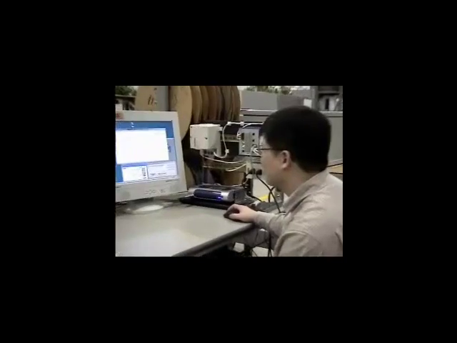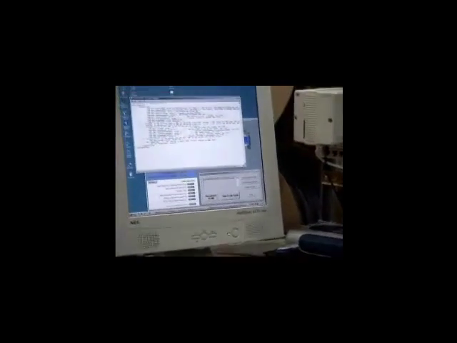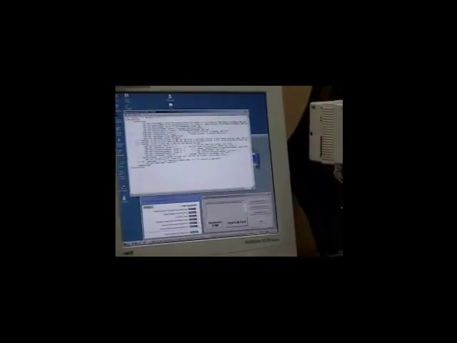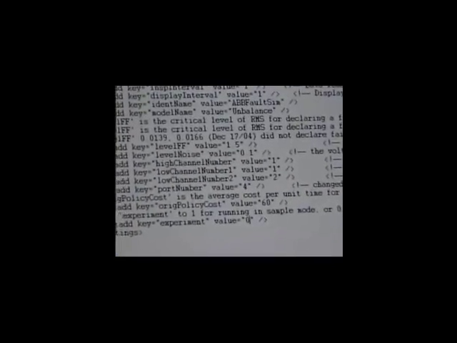He uses Windows Notepad to edit a configuration file. By changing a key value to 1, the program will now run in experience acquisition mode. In this mode, we gather a sample of operational and maintenance data. We'll use that sample to build our decision model.